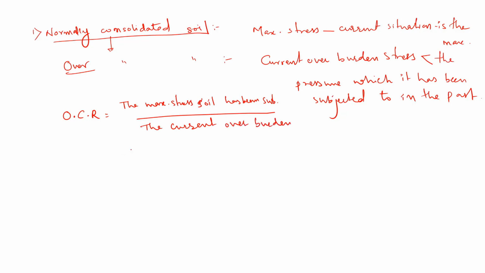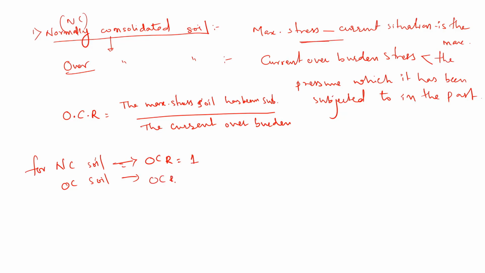Okay, according to this, normally consolidated soil can be called NC soil, and over consolidated soil can be called OC soil. According to the definition of OCR, for NC soil the maximum stress the soil has been subjected to and the current stress are both equal, so it will be 1.